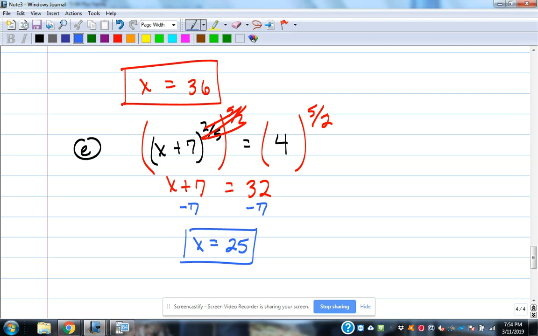If the denominator is even on the power that you use, remember we had to do that absolute value thing? Absolute value takes into account the positive and the negative part, right? So not only do we have to work this problem, but we also need to work this problem.